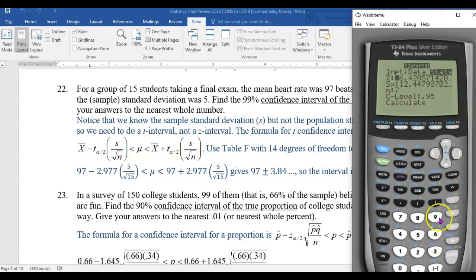So here X bar was the sample mean 97, S was the sample standard deviation 5, N was the sample size 15, and our confidence level was 0.99. So we got 93.157 to 100.84. So rounded to the nearest whole number, that is 93 to 101.